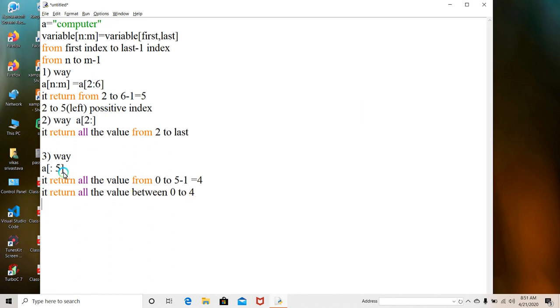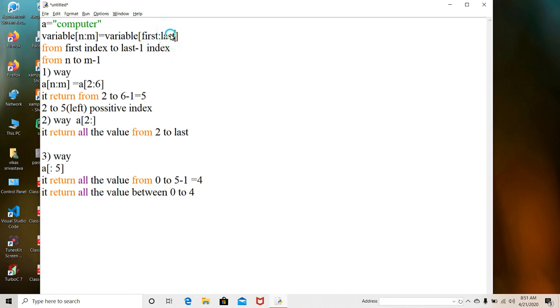Dear students, always remember in which index we have to do minus, and in which index we do not have to do any minus. So we write first colon last, and always we subtract 1 from the last value. The writing style is the first value, then colon, then the last value.